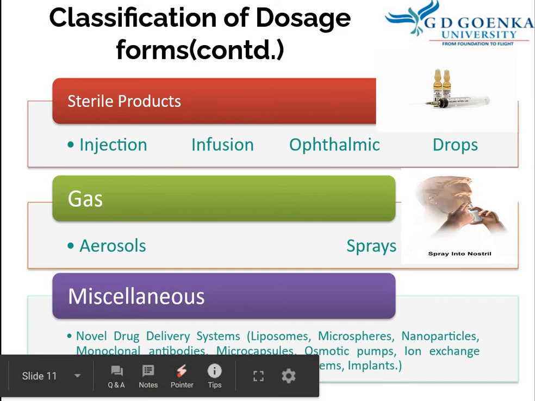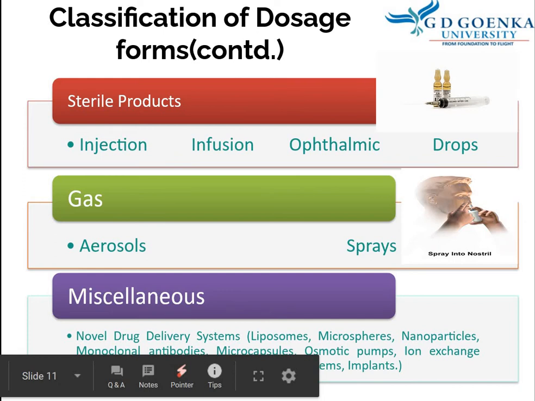The other types of dosage form include sterile products and gaseous products. Gaseous products are aerosols and sprays. All the products which cannot be classified based on the physical form in any of the above categories are collated and classified together into miscellaneous dosage forms.